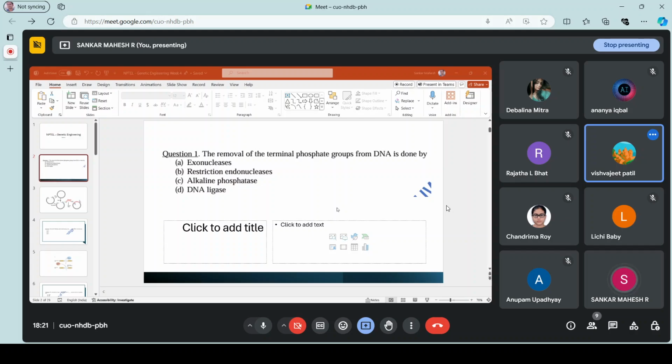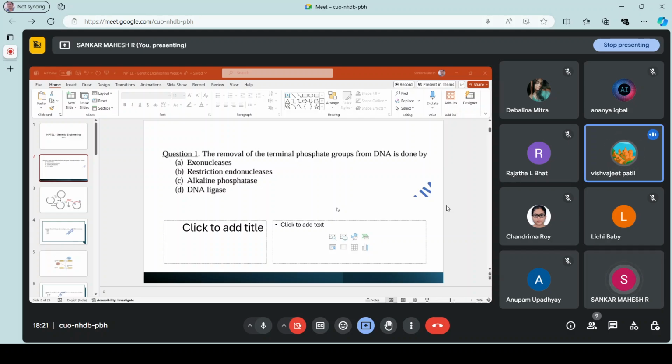Can you rephrase it? So during replication, you have leading strand and lagging strand. After that, DNA ligase joins them.